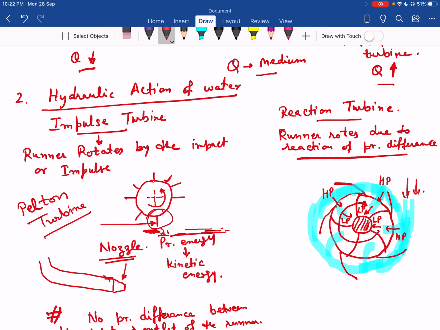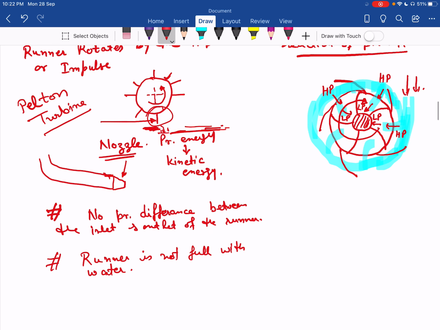In reaction turbines, there is a continuous decrease in pressure. Here the runner is always full with water.